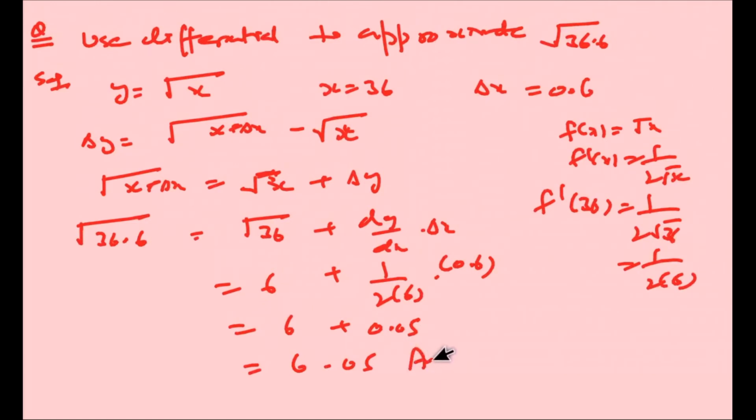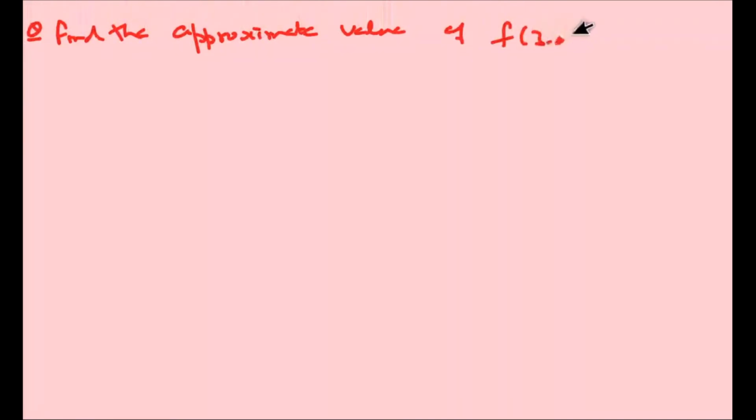Okay, now in this way, if we want to find another question, find the approximate value of f(3.02) where f(x) equals 3x square plus 5x plus 3.